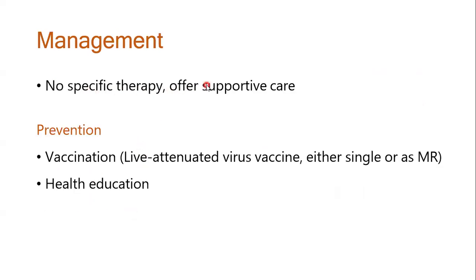Management is usually supportive, treat the symptoms. Prevention, vaccination. Live attenuated virus, either single or as measles and rubella. So the way in Kenya we give measles and rubella. Then health education. Basically, you educate the parents on these types of viruses.